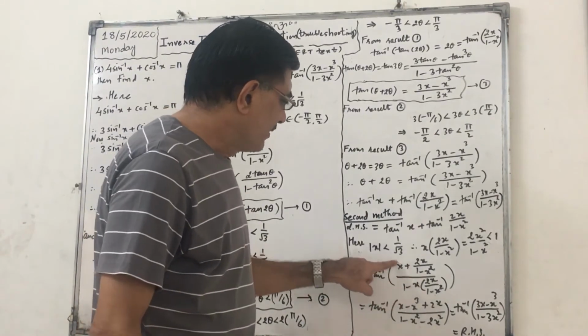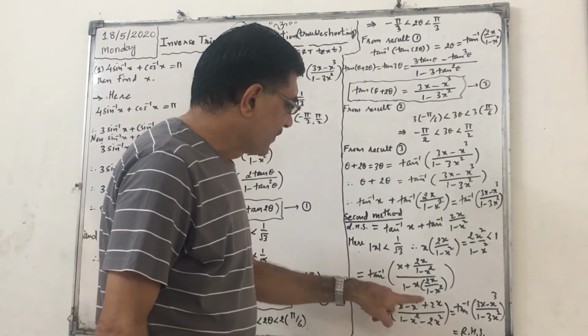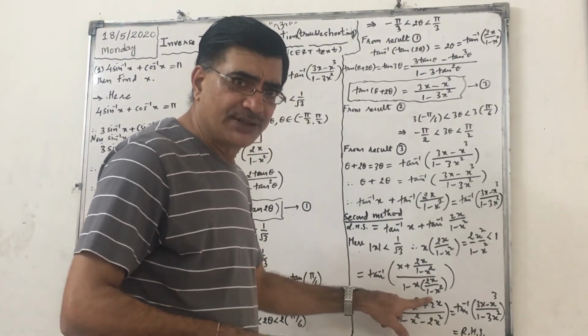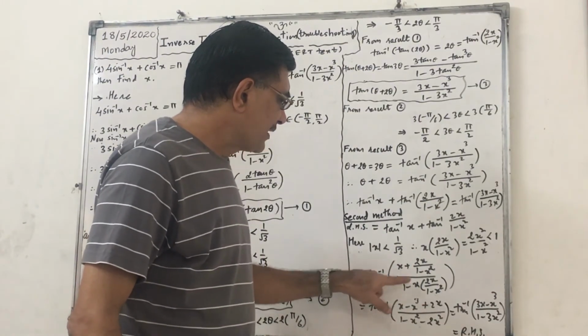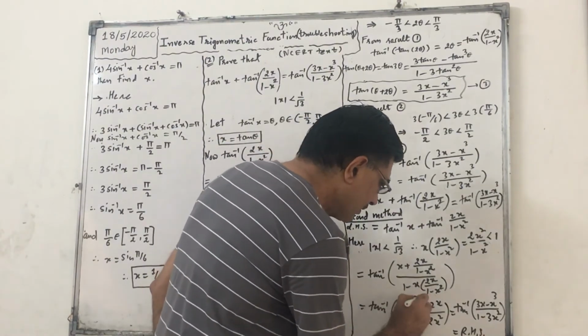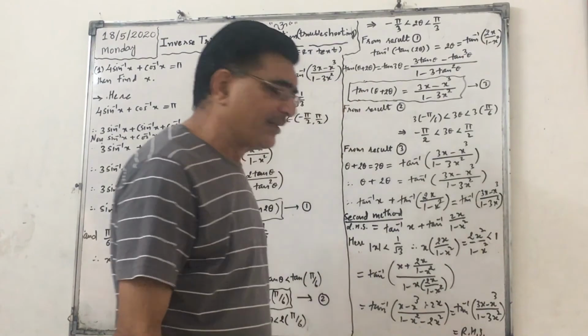Simplifying it, tan inverse of x minus x cube plus 2x, divided by, this 1 minus x square will be cancelled in the denominators of both. So this will become 1 minus x square minus 2x square. So finally 3x minus x cube upon 1 minus 3x square, that is the right hand side.